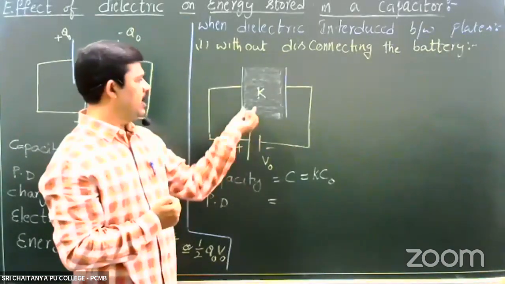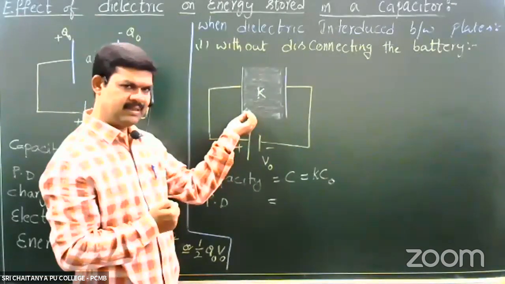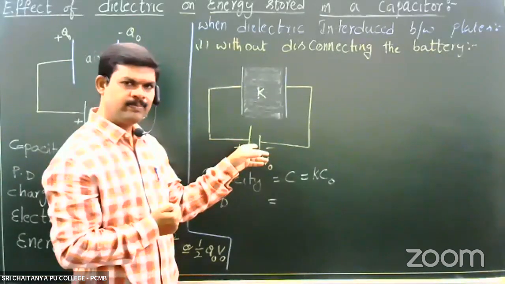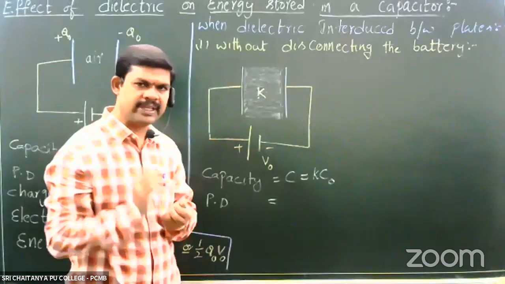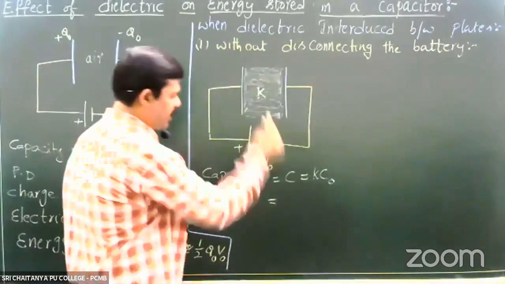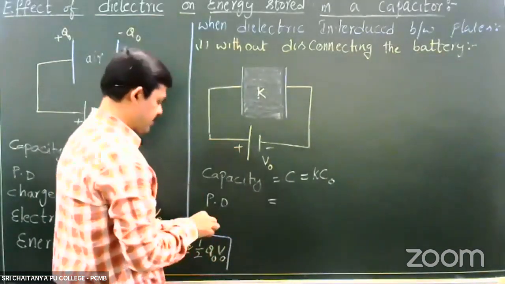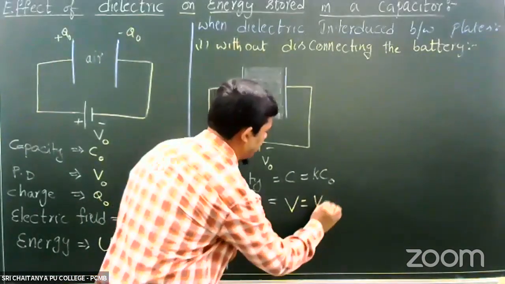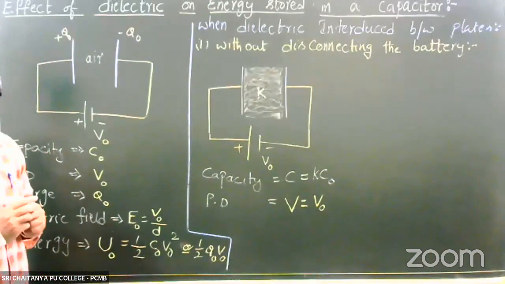So finally, potential difference V comes to its original value V0. This you have to remember.